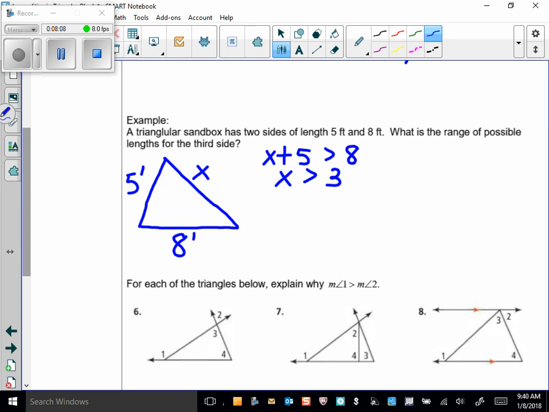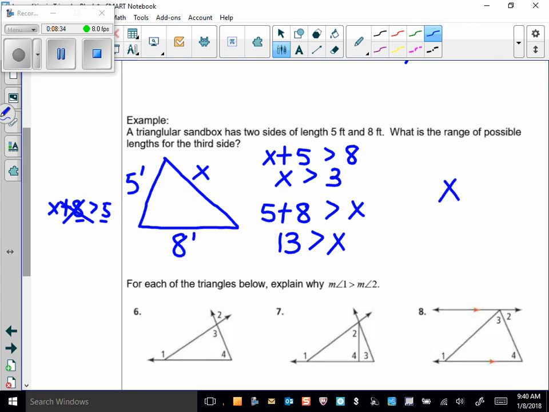And I also know that 5 plus 8 has to be greater than x. So 13 has to be greater than x. And of course, I could look at this, right? x plus 8 has to be greater than 5, but I really don't have to write that one, because 8 is greater than 5, so that one doesn't really have to be done. So let's write this as a compound inequality, x in the middle.